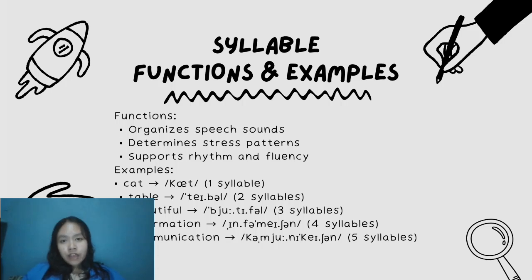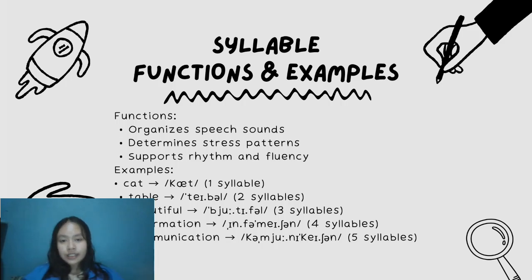Here are 5 examples of words with different numbers of syllables. Cat has 1 syllable. Table has 2 syllables. Beautiful has 3 syllables. Information has 4 syllables. Communication has 5 syllables.